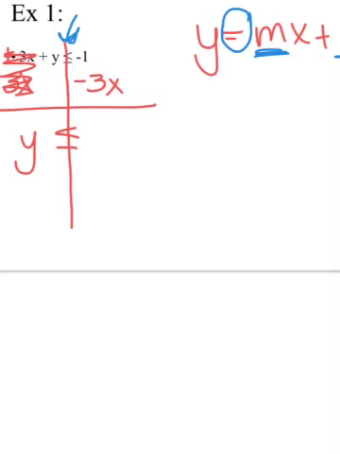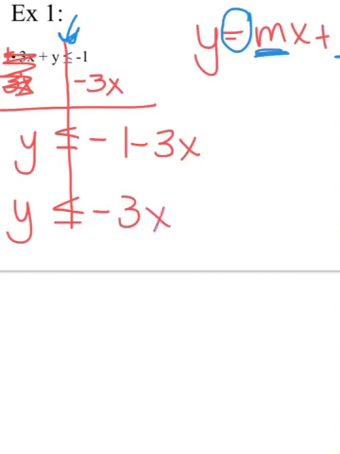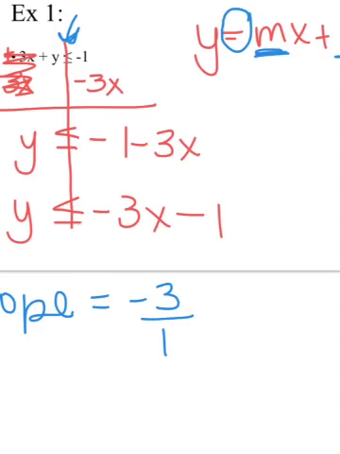So I'll either have negative 1 minus 3x, or if I want it in the format y equals mx plus b, then I can put the negative 3x first, that's my slope, and minus 1 second. Okay, so slope, or rate of change, is negative 3, which is the same as negative 3 over 1. And my y-intercept, where it crosses the y-axis, is negative 1. Okay, so that's what I'm going to use to put on the graph.